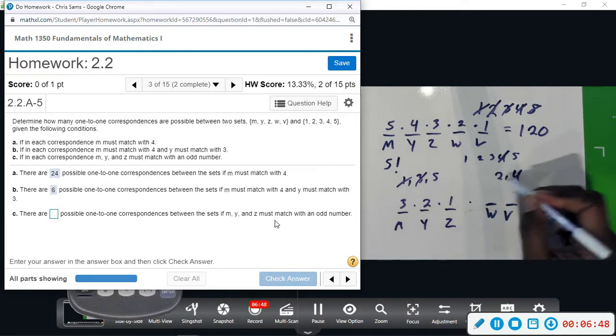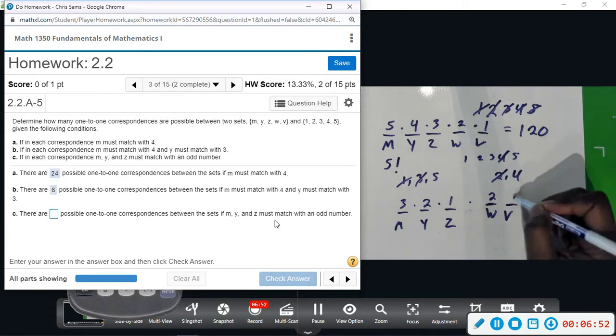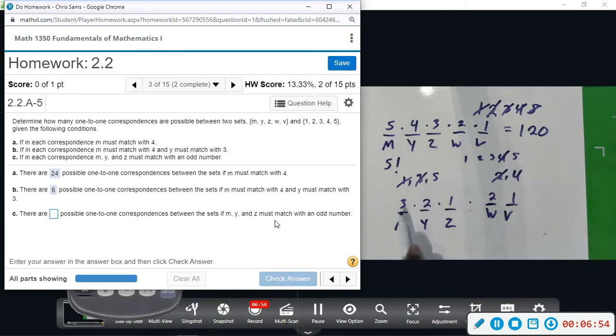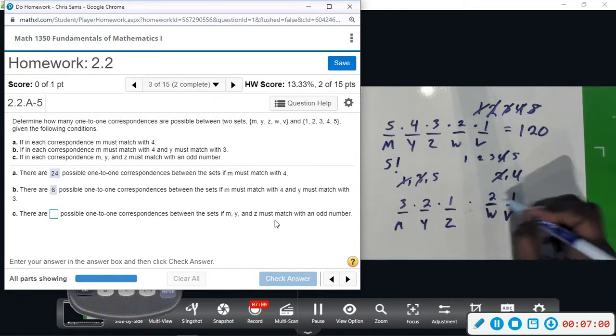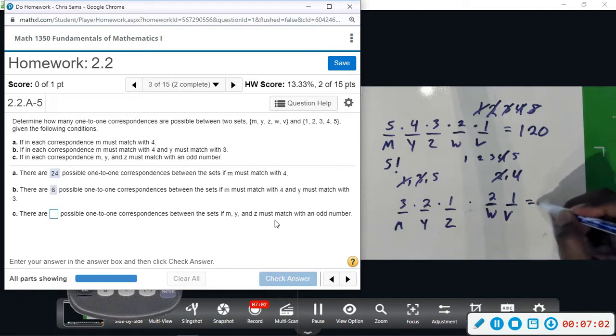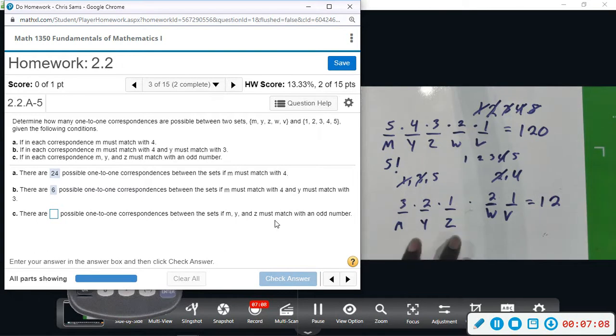We have 2 options for W. Once I use one of them, I only have 1 option left. So we'll multiply 3 times 2 is 6, times 1 is 6, and then times 2 is 12, times 1 is still 12. So we'll have 12 ways to pair these up if these have to be matched with an odd, which consequently means W and V will be paired with an even.